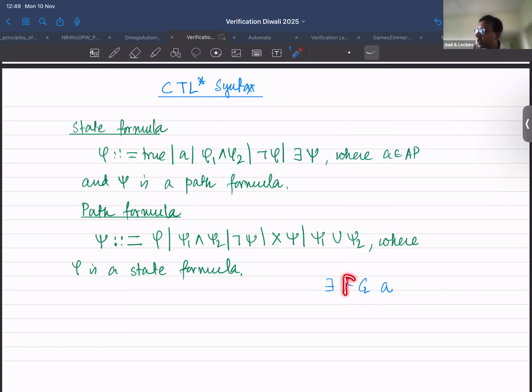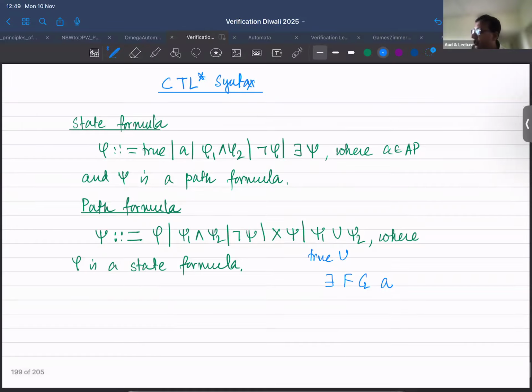So the F is like an until, right? So we are saying true until globally A, correct?